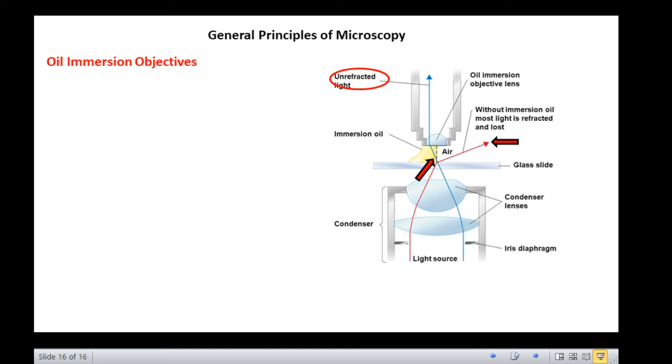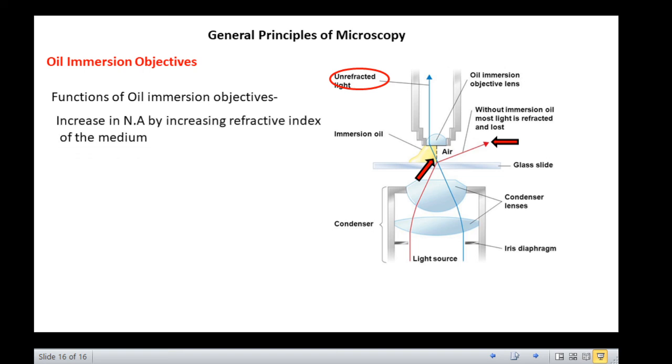Thus, oil immersion objectives serve a few important functions. They increase the numerical aperture by increasing the refractive index n of the medium. The refractive index of air is 1 and that of immersion oils is 1.52.